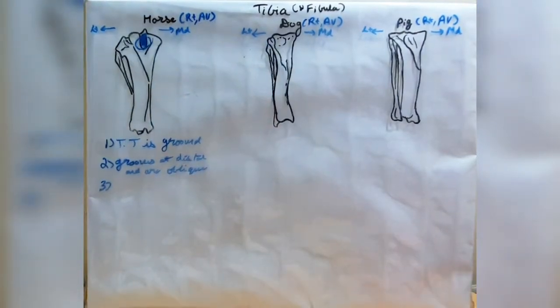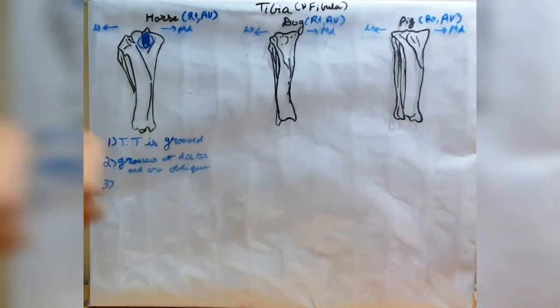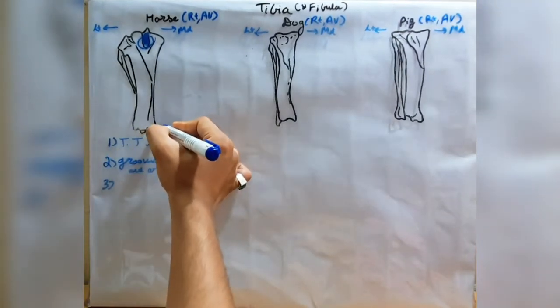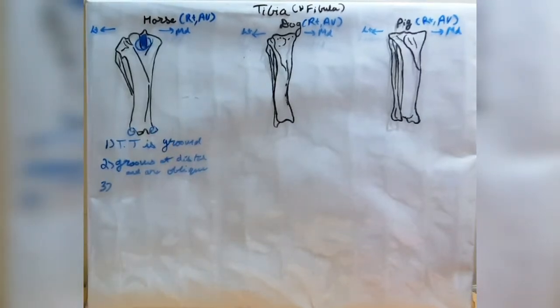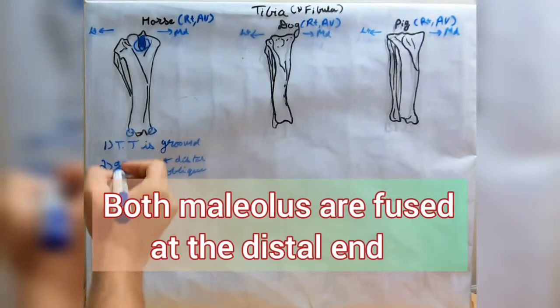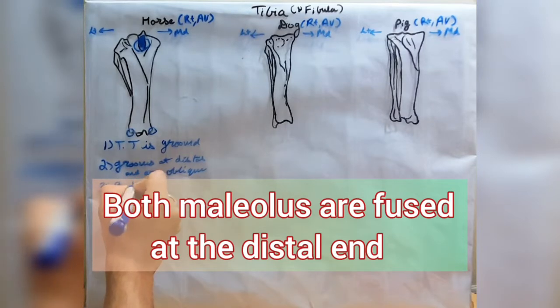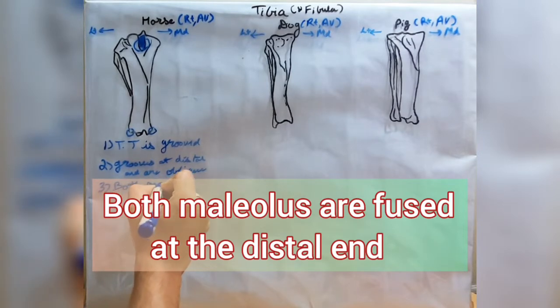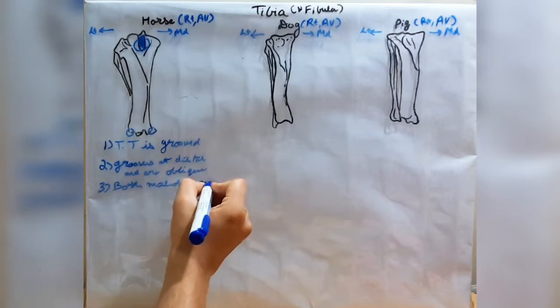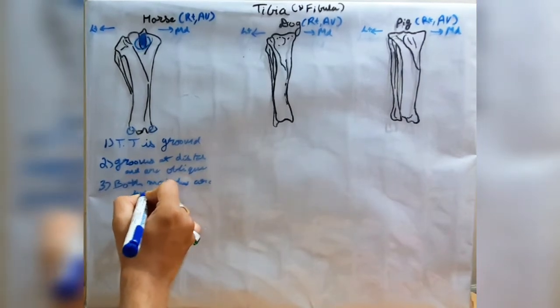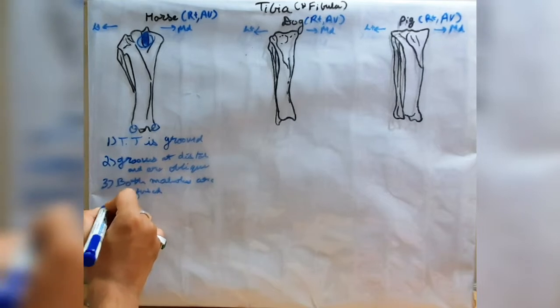But in case of horse, you can see that the medial malleolus and lateral malleolus both are fused at the distal end. Okay, so both malleolus are fused at the distal end.